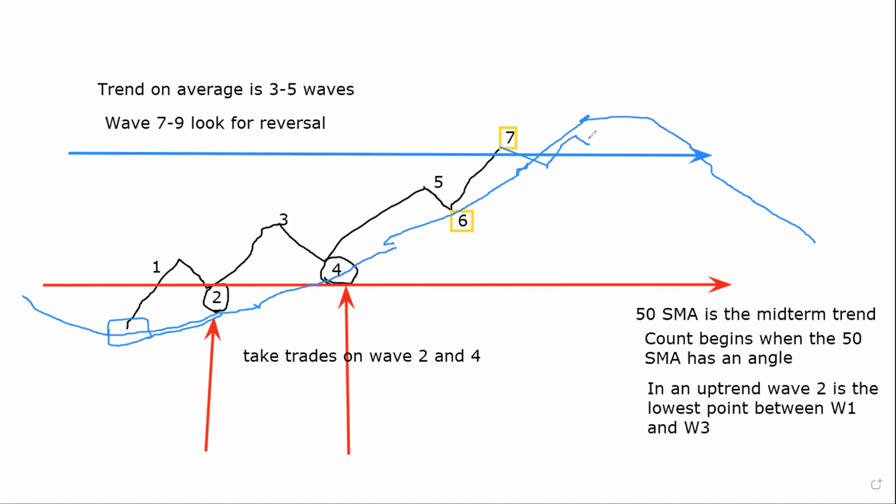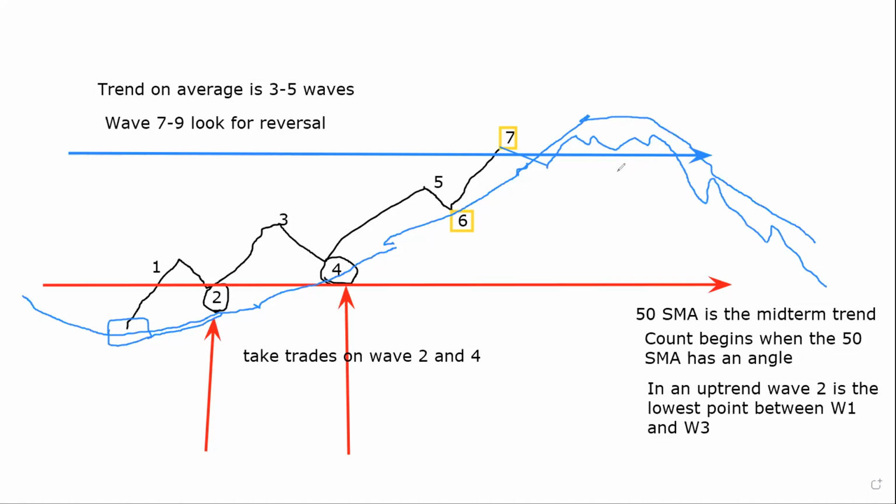You may have some stuff like this going on up in here. And then all of a sudden you have this and that again. So all of this up in here is no count because the 50 is flat.